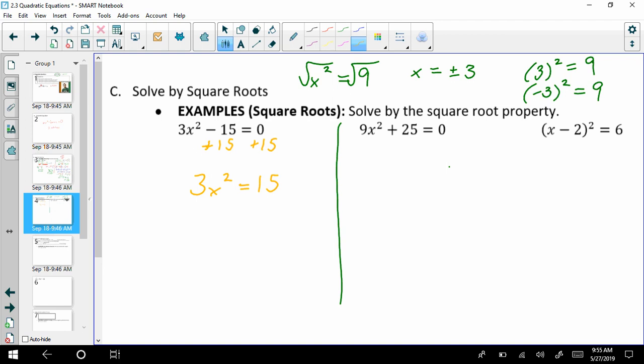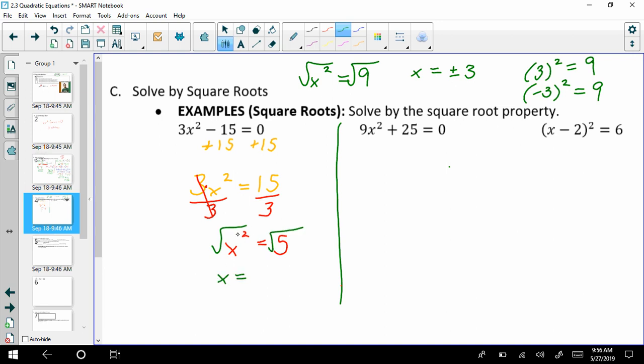And then the next step, I would want to get rid of the 3. And since it's connected by multiplication, I'm going to divide it. And the last step to get x alone, to get rid of the square, I would square root it. That's what undoes a square.